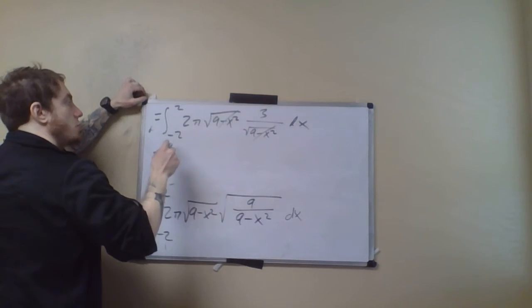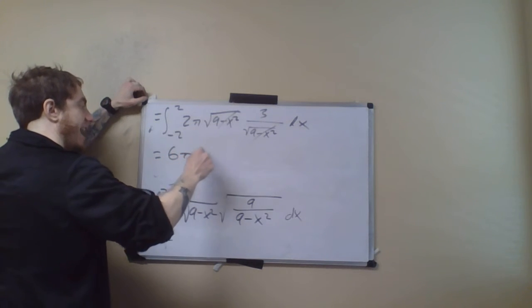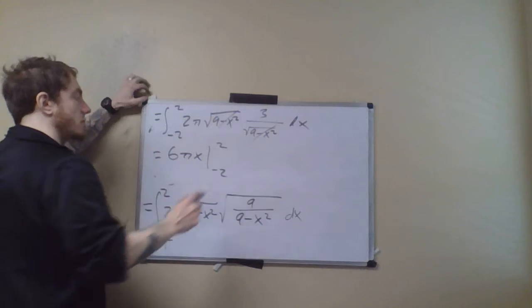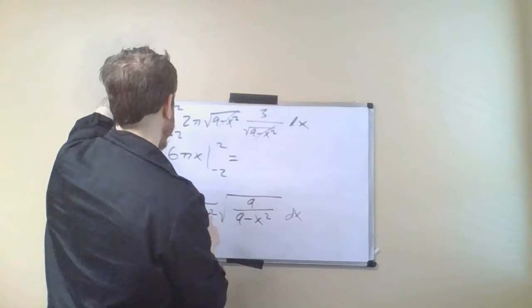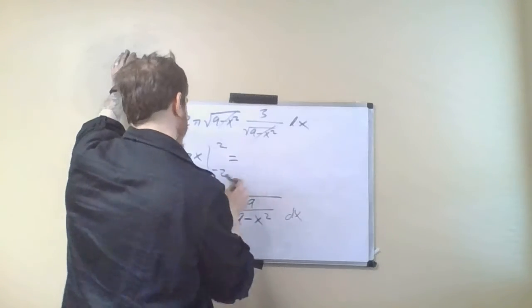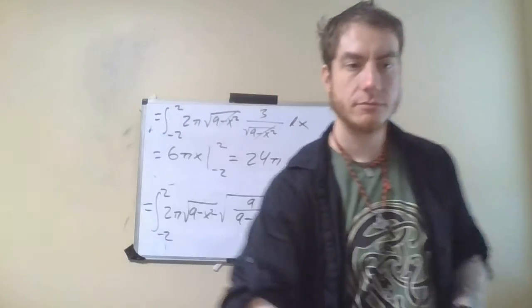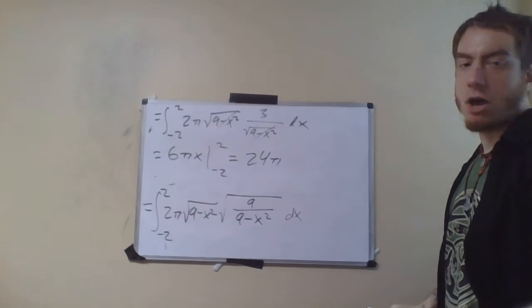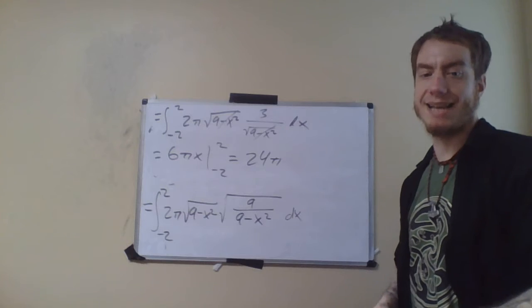So this is going to become 6 pi x evaluated from -2 to +2, which should come out to be, let's see, 2 times 6 pi is 12, plus another, we get 24 pi. So there we go. We have been able to figure out this surface area exactly.